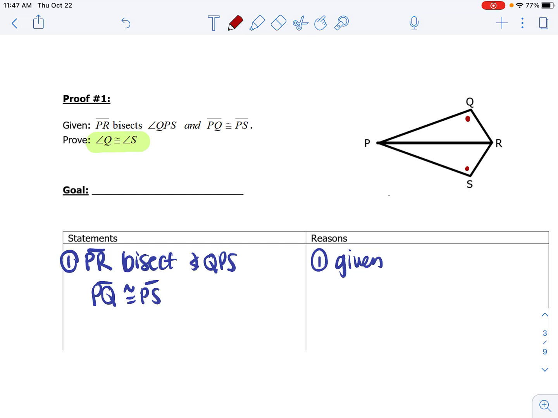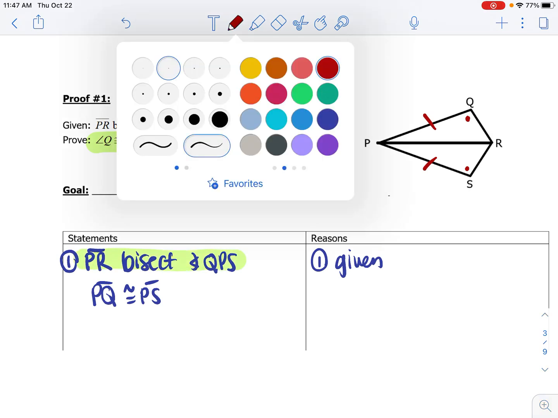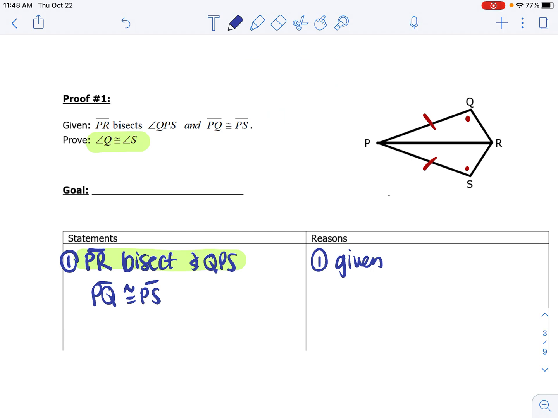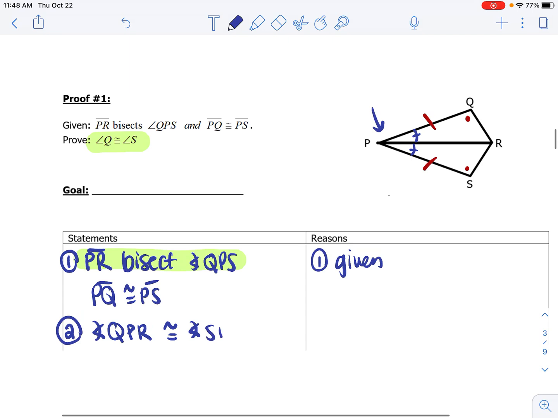So let's look at our given. We know that PQ is congruent to PS, and we also know that PR bisects an angle. So angle QPS is over here. So I know for step 2 that angle QPR is congruent to angle SPR.